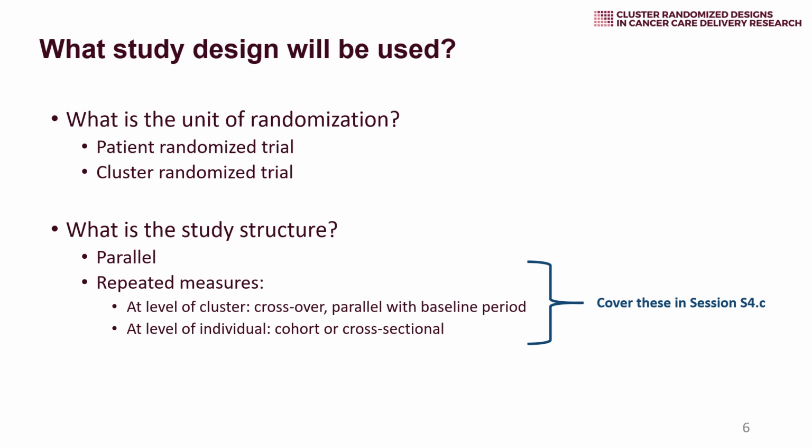In a cluster randomized design, will we be using a parallel arm design, or will we include any crossover, perhaps at the level of the cluster or at the level of the individual? Now in this mini session, we are only going to think about determining sample size in parallel designs, but later sessions will cover sample size determination in cluster crossover designs, and cluster designs with a baseline period, both under cohort and cross-sectional sampling.